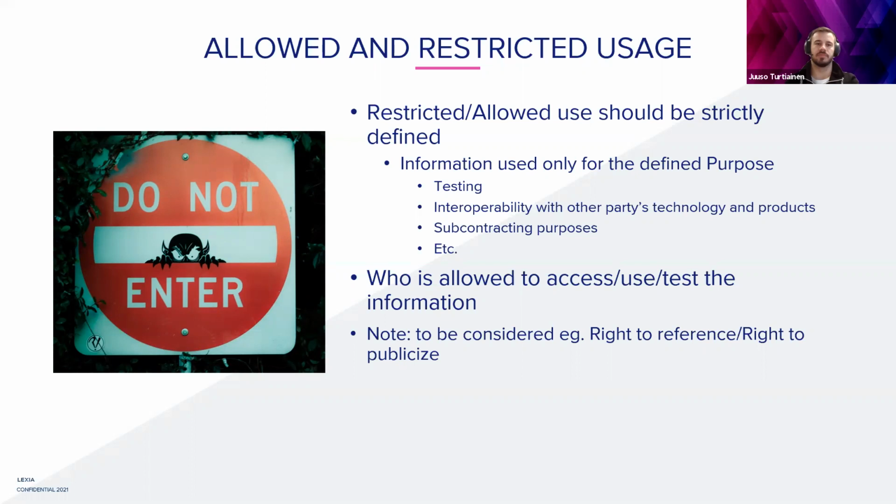And once the purpose has been completed, it's no longer allowed to use the information that's been provided for any other reason. Also, it is essential to set out who is allowed to access, use, and test the information or see the information. For example, the employees who are involved with the confidential information or the testing, that they are under NDA.